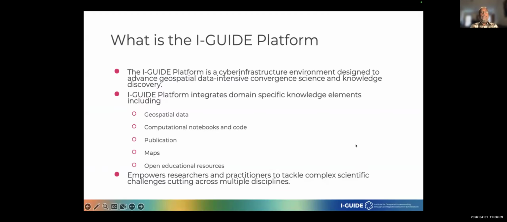Okay. So for those of you who have not heard about the platform, what is the iGuide platform? Essentially, it is a cyberinfrastructure environment for advancing geospatial data-intensive research, convergence science research, and also knowledge sharing and knowledge discovery.